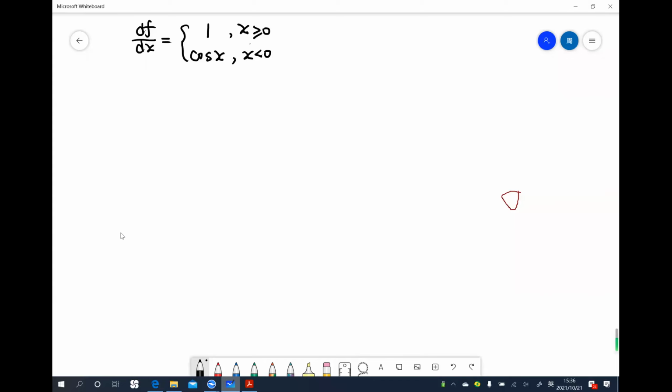For example, we have calculated that for the constant function c, the derivative equals 0, and that means the rate of change of this function is 0. That means the function does not change, right?